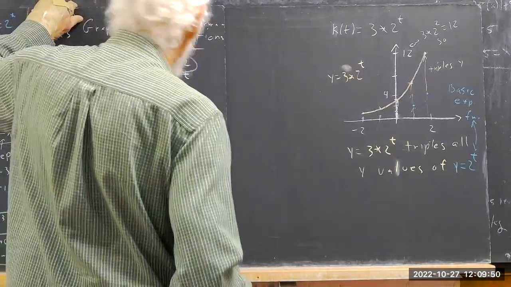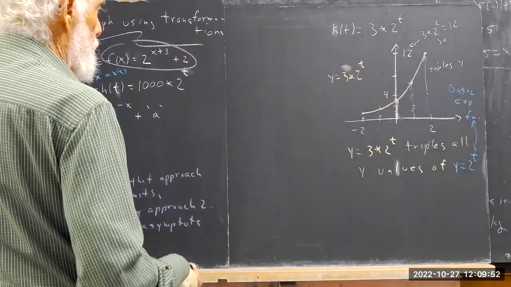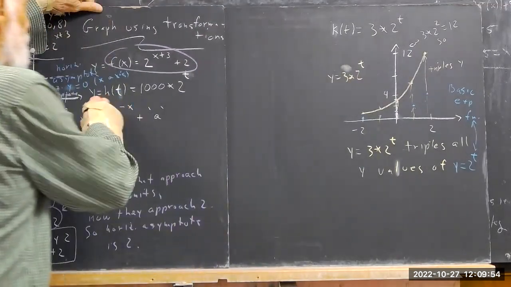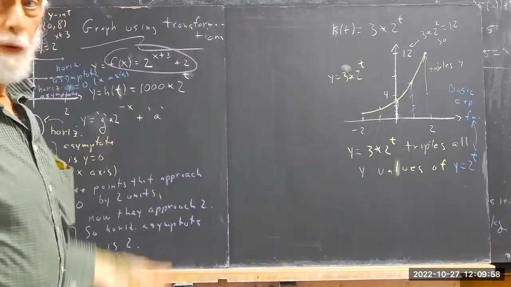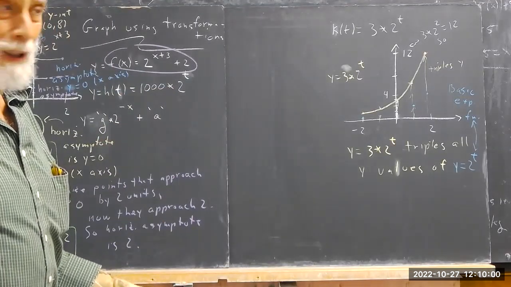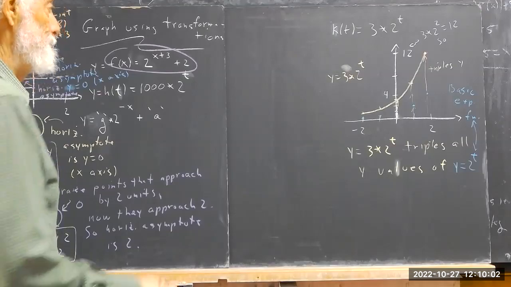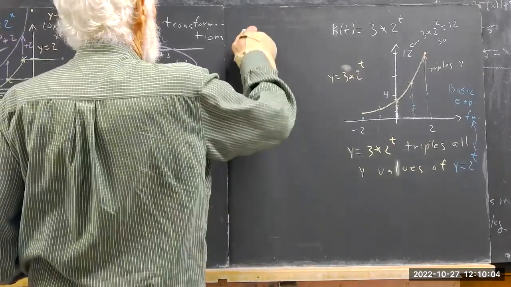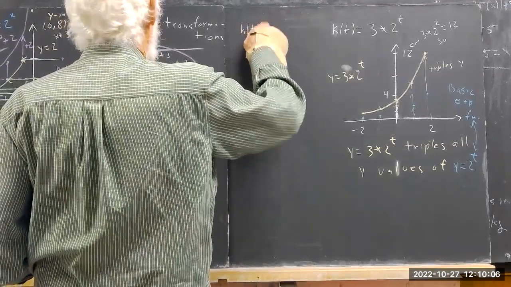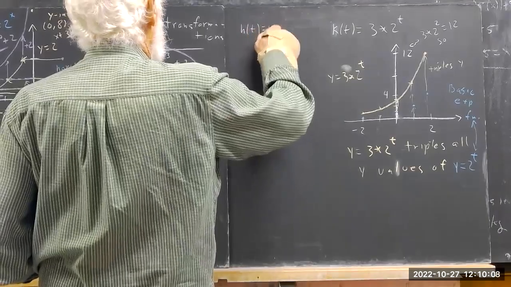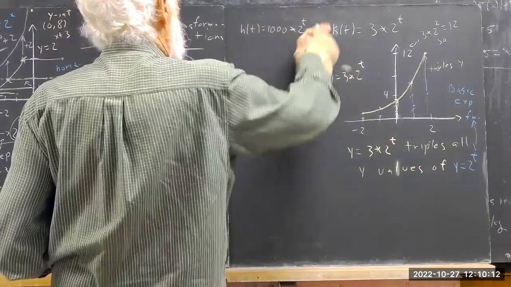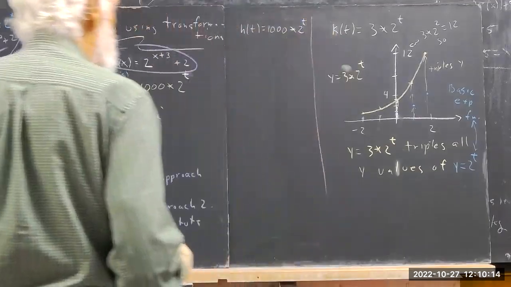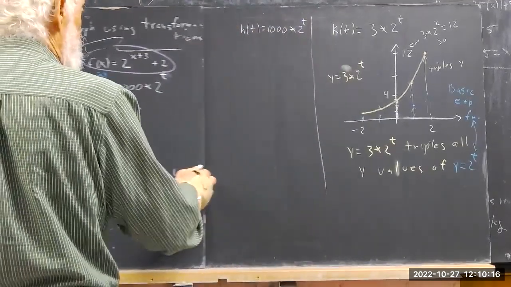Well, if we have the function I gave you, 1,000 times 2 to the t, we could do the same thing, but we're not really going to be able to illustrate it. Okay, so let's do our h of t equals 1,000 times 2 to the t.